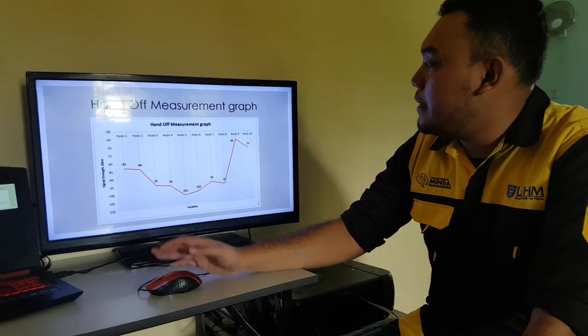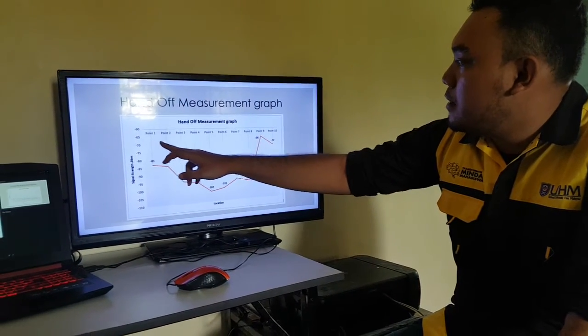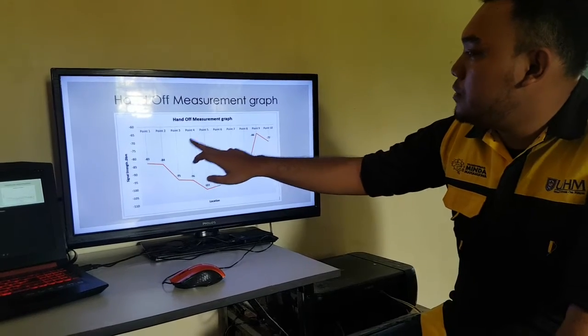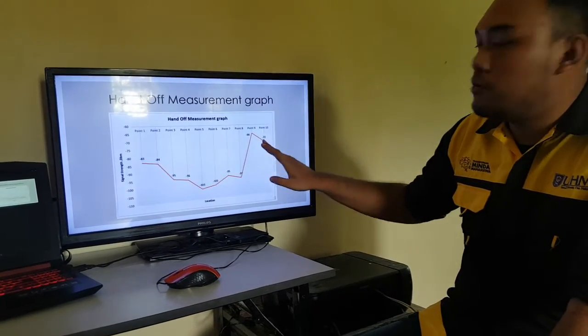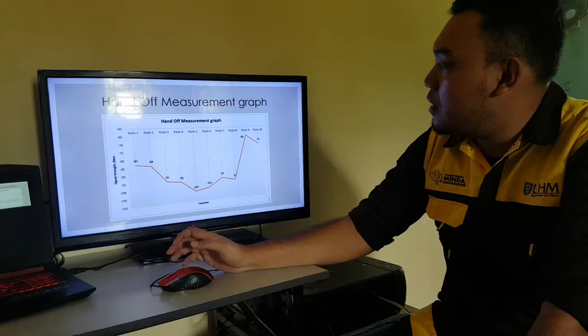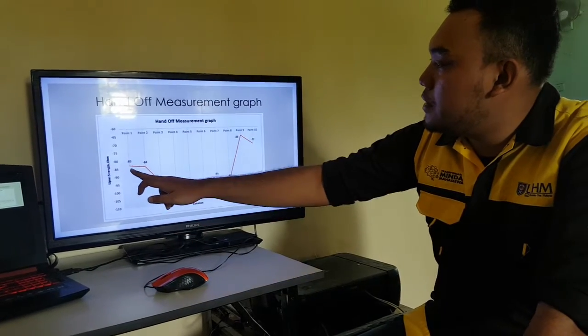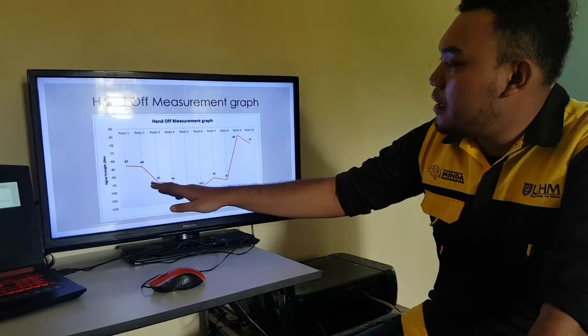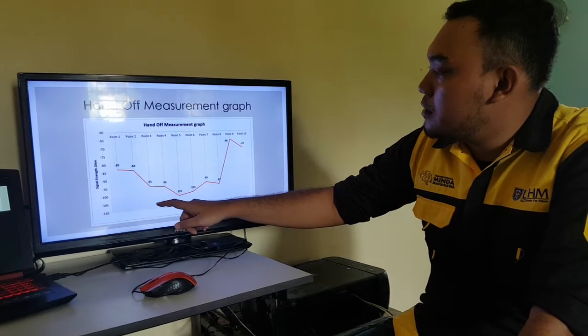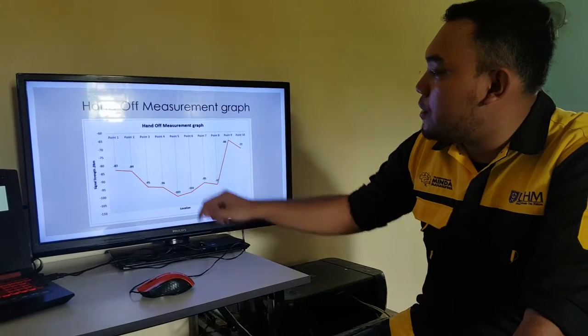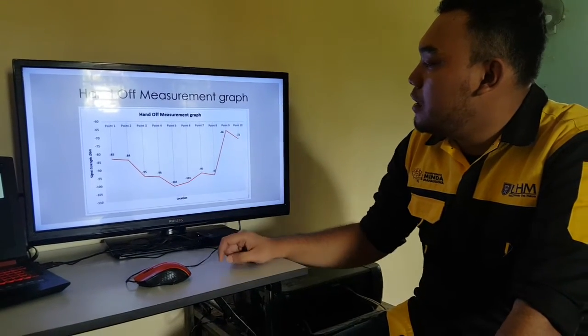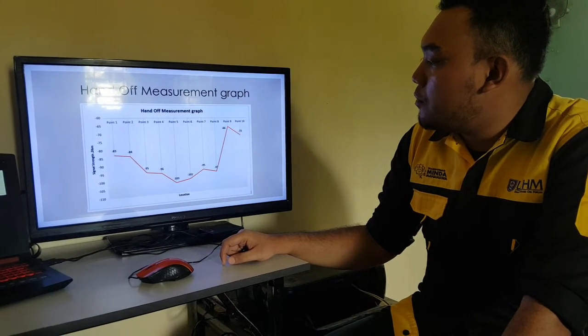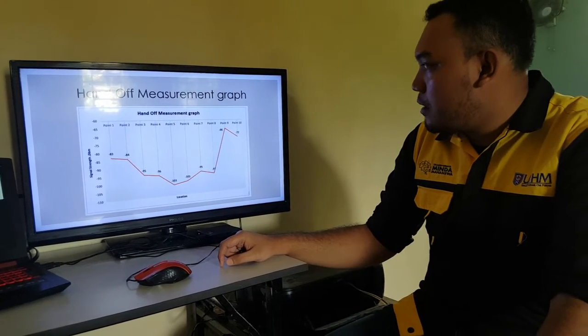We can see that on the halfway of the points, which is half of the distance between these two base stations, the signal strength reduced a little bit until it reached point 5, which is negative 103 dBm.